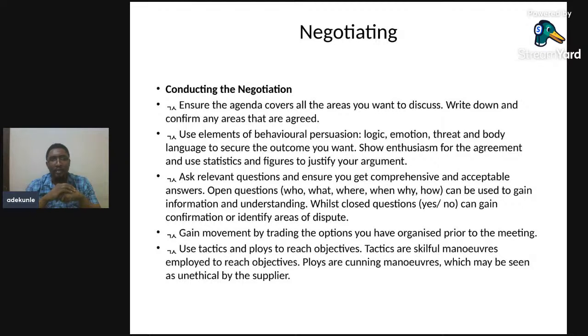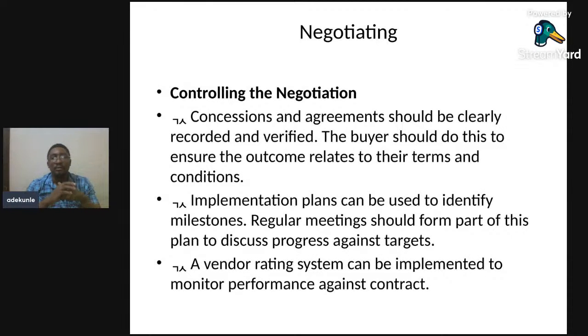Of course, you can use tactics, you can use ploy to reach your objectives. All right, tactics are skillful maneuvers employed to reach your objectives. So you can use ploy, you can use some cunning ways, but of course, ploy is considered to be unethical by the supplier. So while you're negotiating, how do you control the negotiation process?